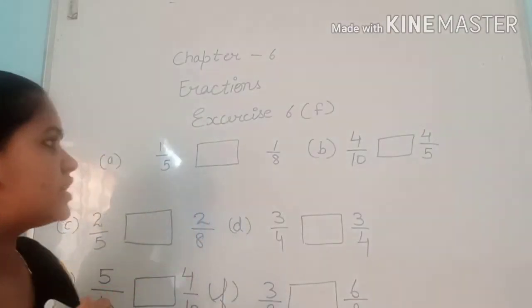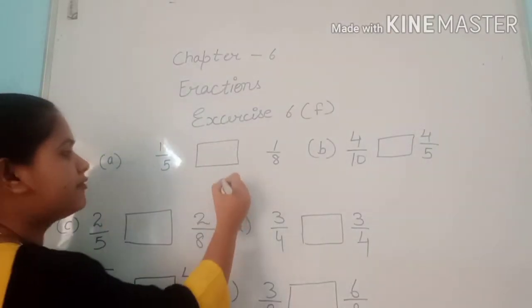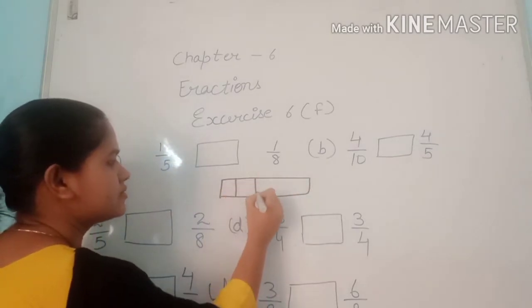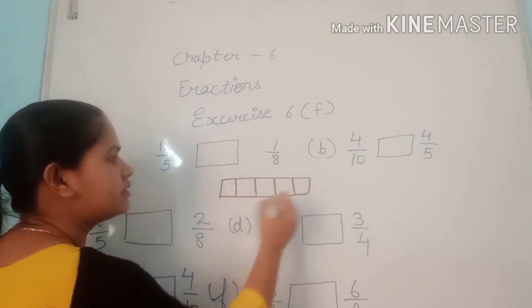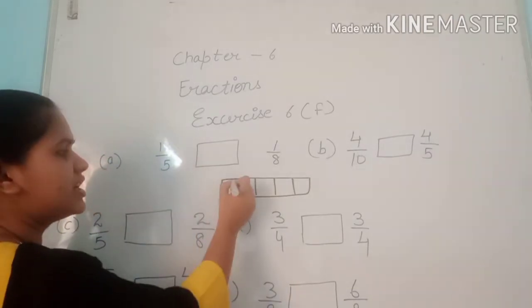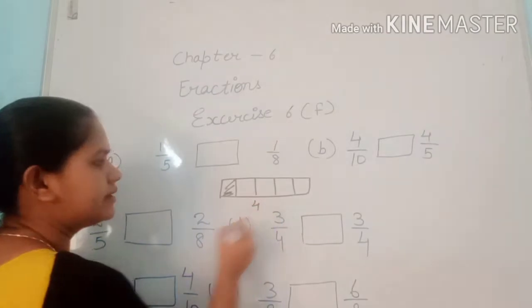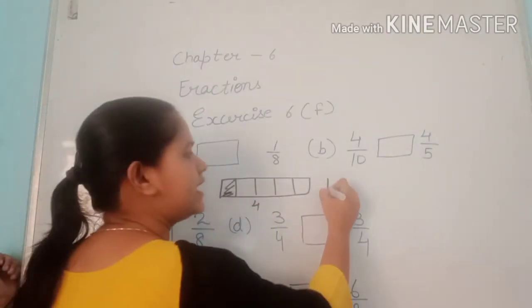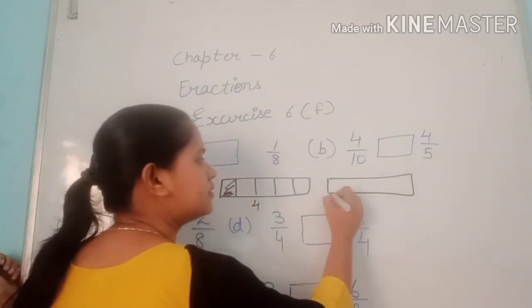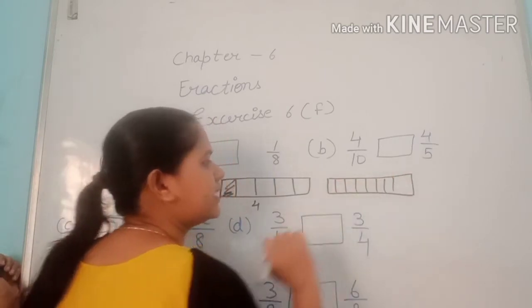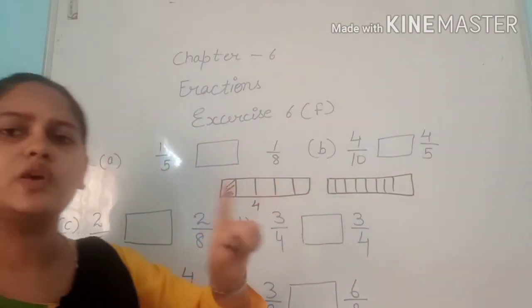How? Because you can see if we make 5 boxes, one is shaded and the other 4 are left. And when we make 8 boxes here, 1, 2, 3, 4, 5, 6, 7, 8 boxes, only one is filled up.